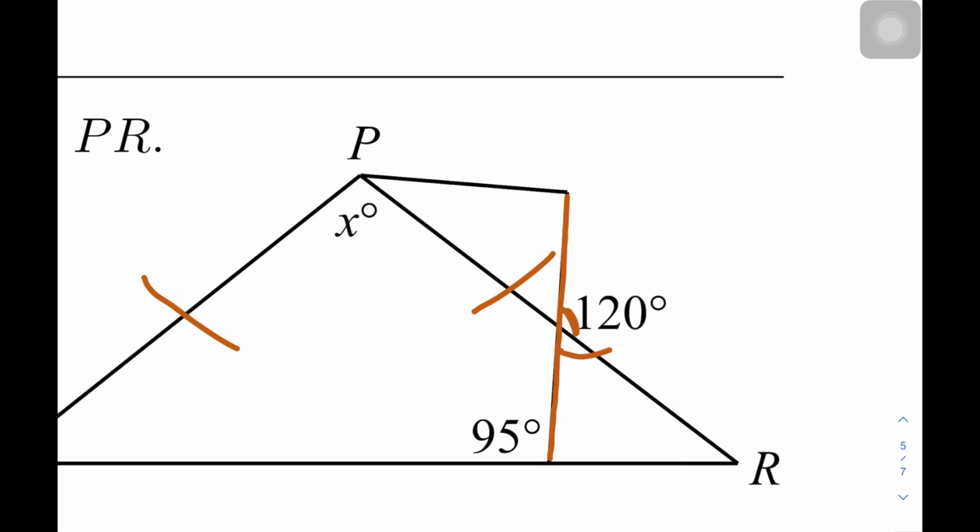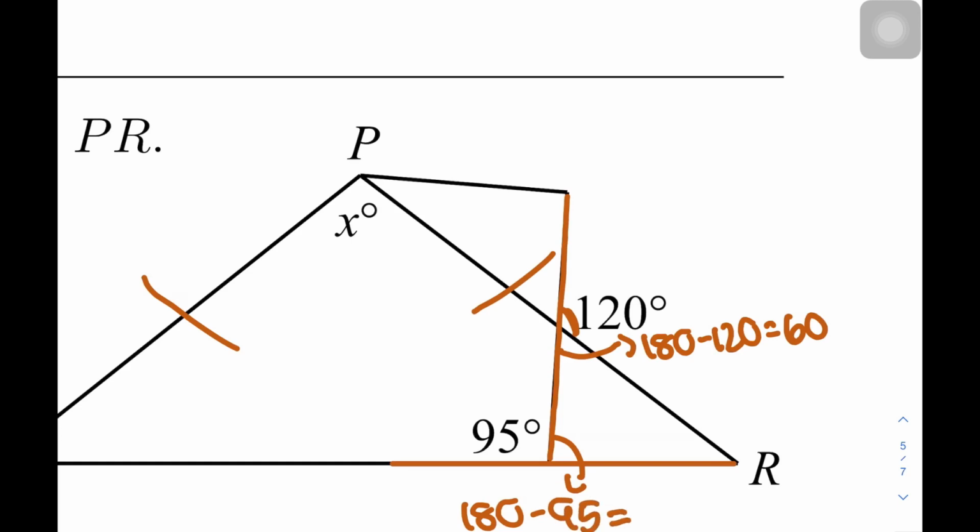And since you know that this angle is 120 degrees, this angle is 180 minus 120, which equals 60 degrees. Same thing with this line, it's 180 degrees, and you already have 95 degrees. So this is 180 minus 95, which equals 85 degrees.